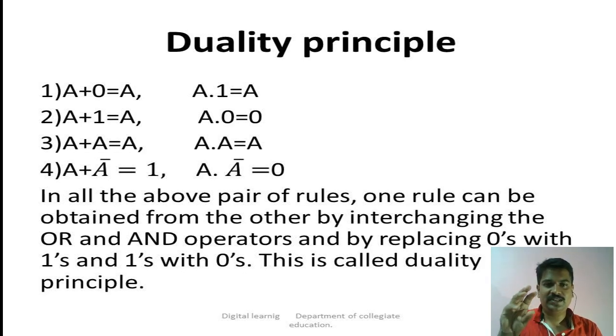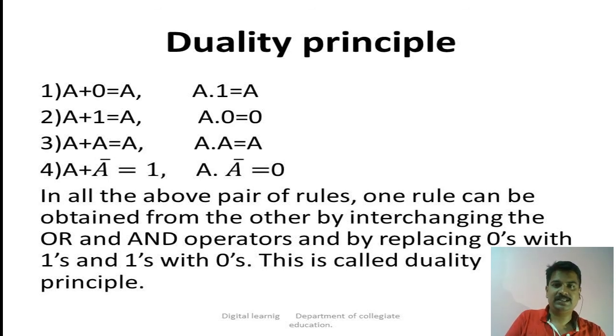If I look keenly at these four identities, in all these pairs of rules, one rule can be obtained from the other by interchanging the OR and AND operators, and by replacing zeros with ones and ones with zeros. This is called the duality principle. Look at the first case here.